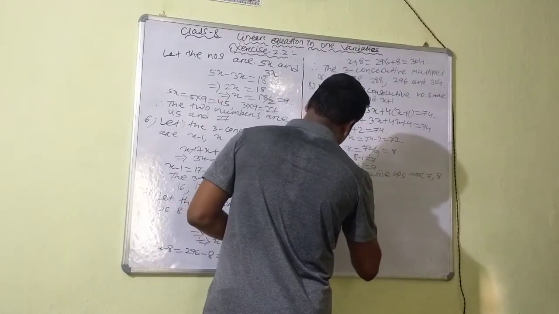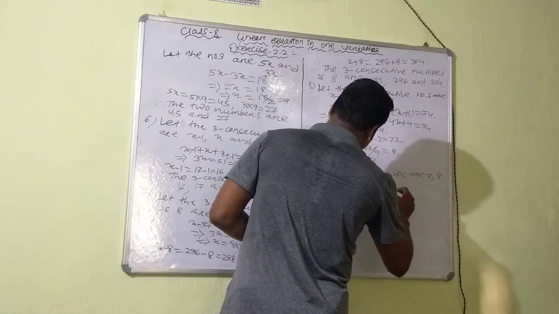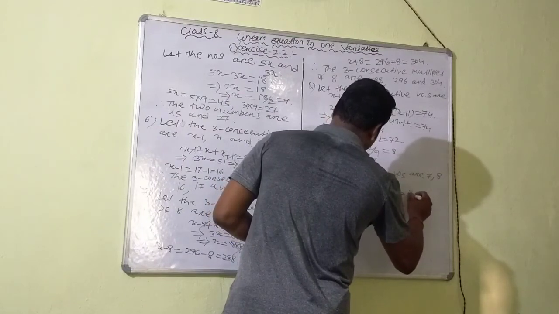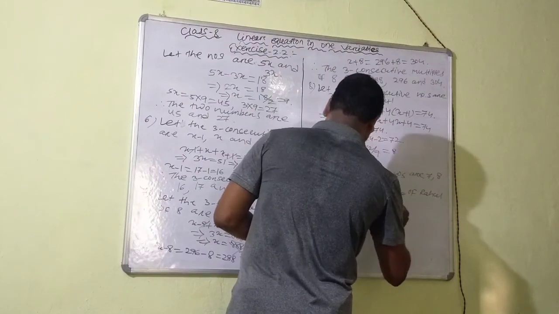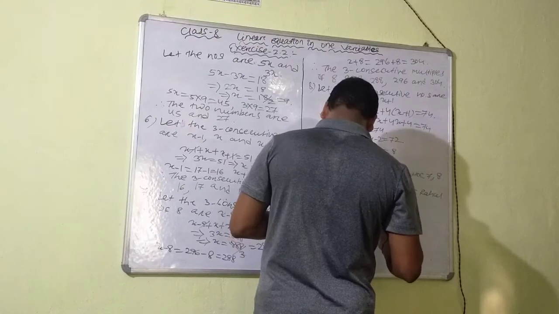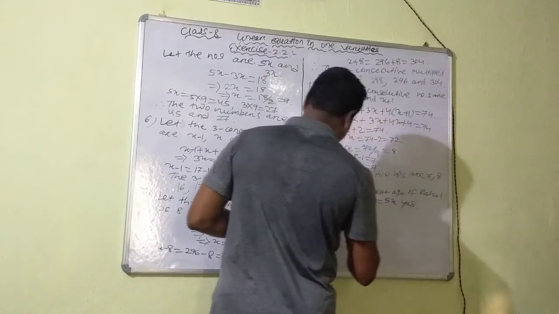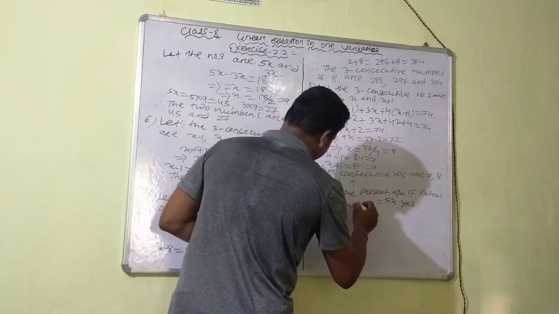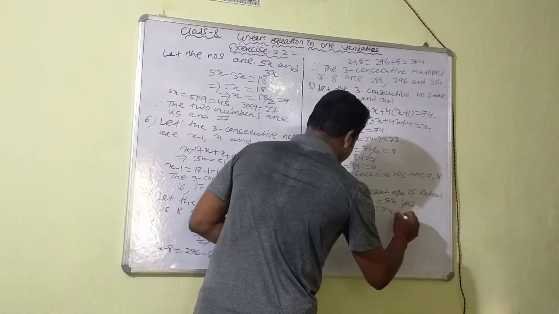Let the present age of Rahul be 5x years and Harun be 7x years.